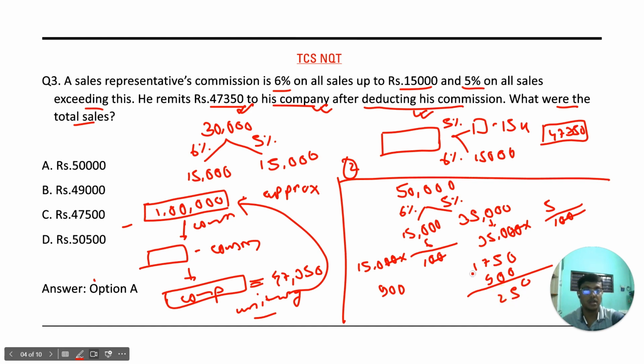Now we calculate the total commission. 0, 5, 7 5 12, 1 carried, 2. So 2250. Now we subtract it from 50,000 to get the amount he remits to the company.